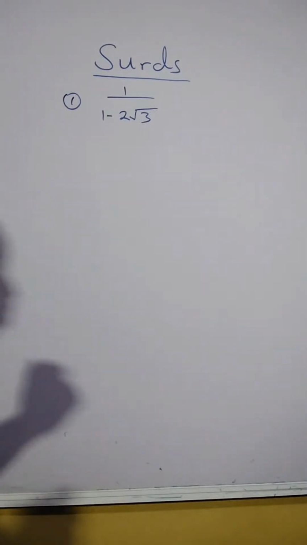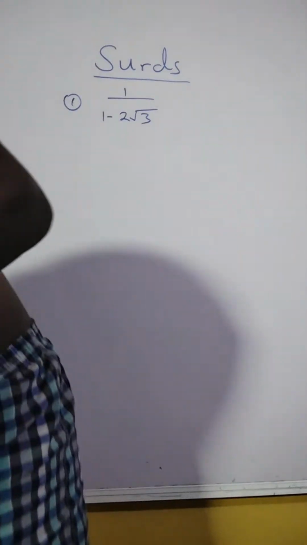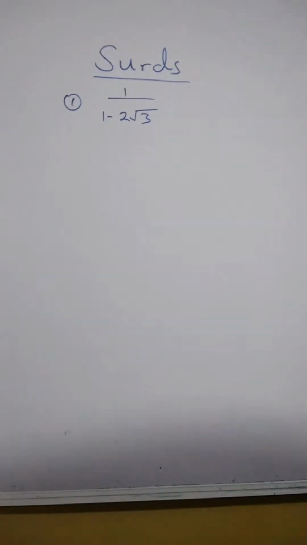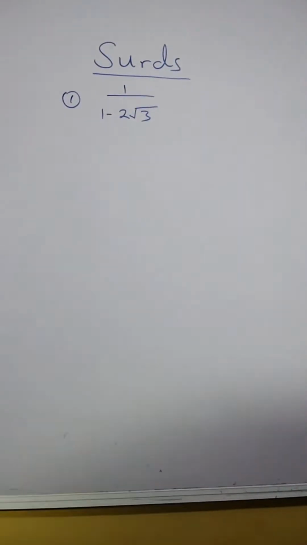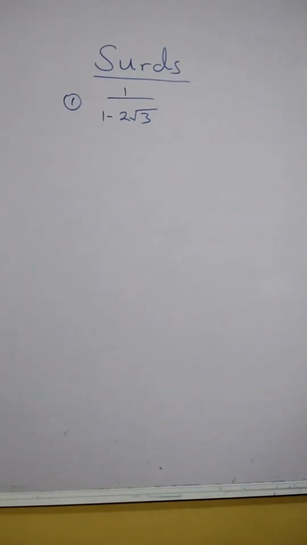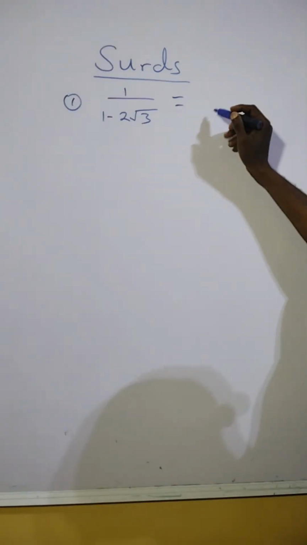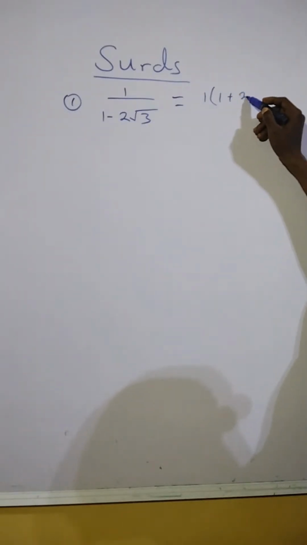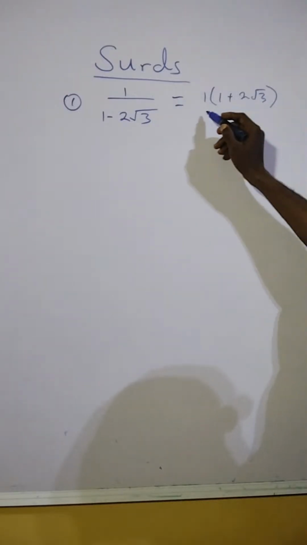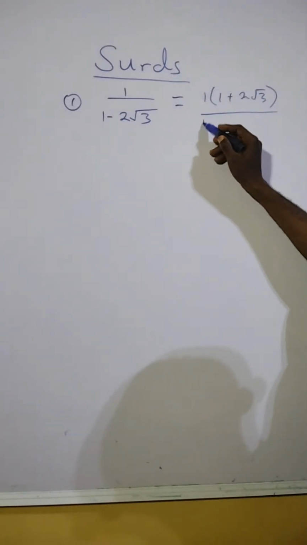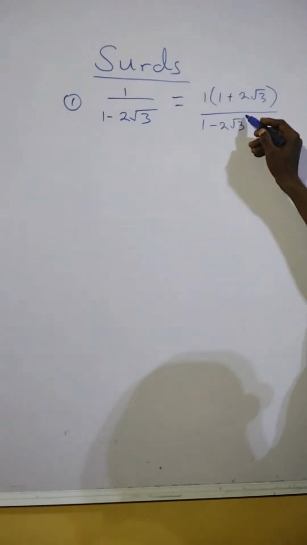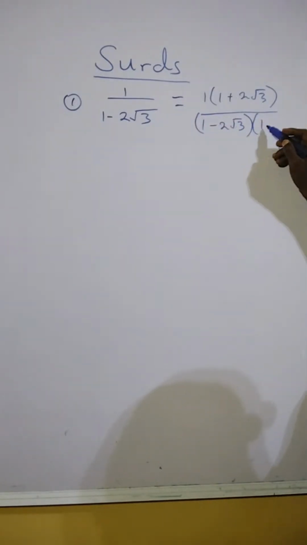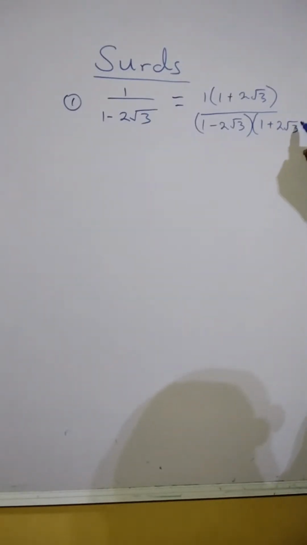That is, we multiply the numerator and denominator by the conjugate of the denominator, which implies we have 1 multiplied by the conjugate surd here, that's 1 plus 2 root 3, divided by, also multiply this by the conjugate, 1 minus 2 root 3 times 1 plus 2 root 3.